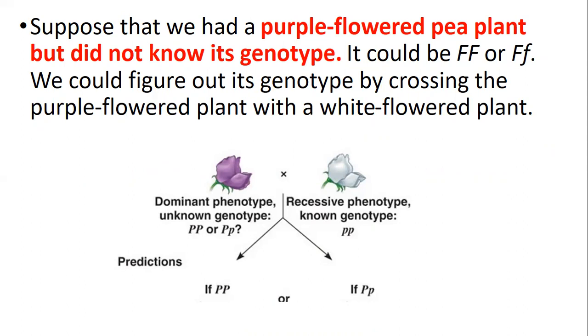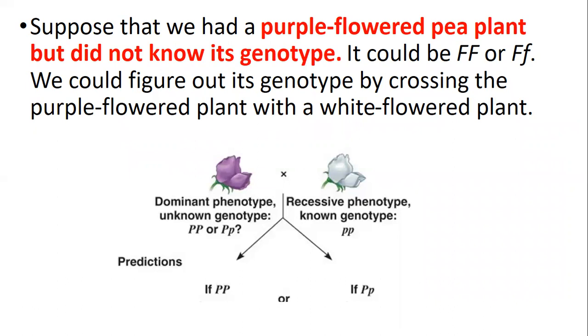But supposedly, we had a purple flower and we don't know its genotype. We picked up a purple flower and we don't know if it's pure homozygous purple or heterozygous purple. So can we predict its genotype if we cross it with a white flower?